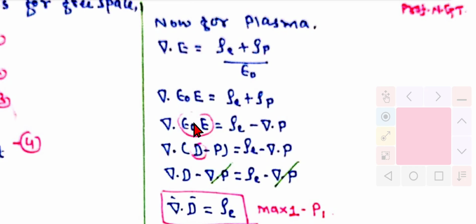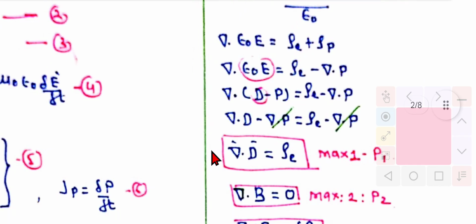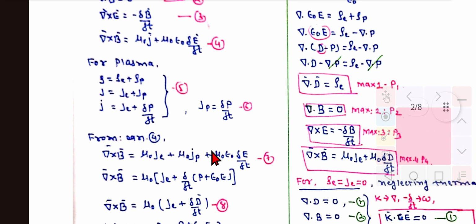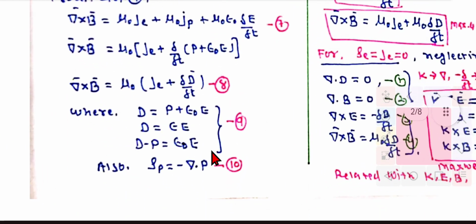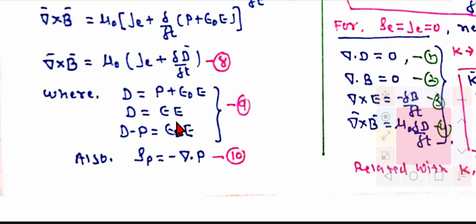What is epsilon 0 into E? Epsilon 0 E equals D minus P, displacement vector minus polarization vector.